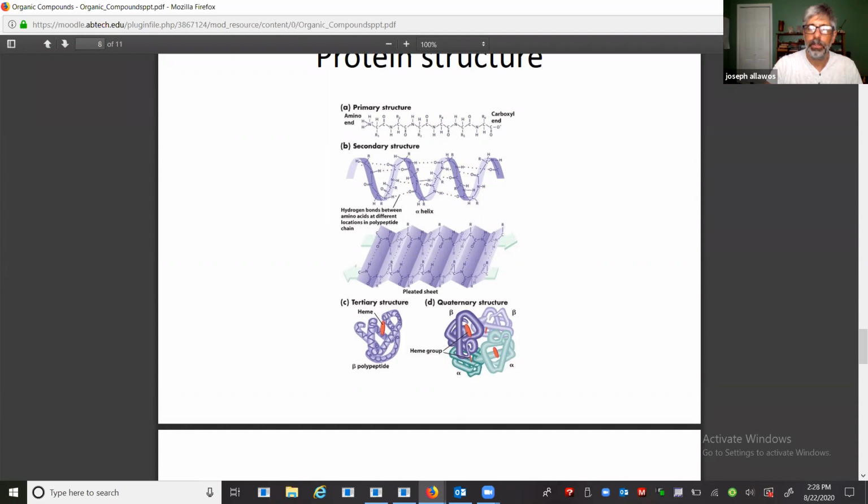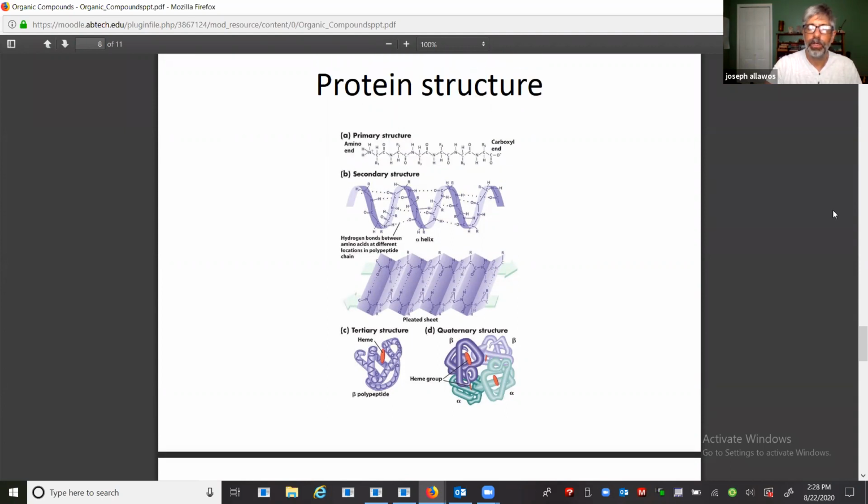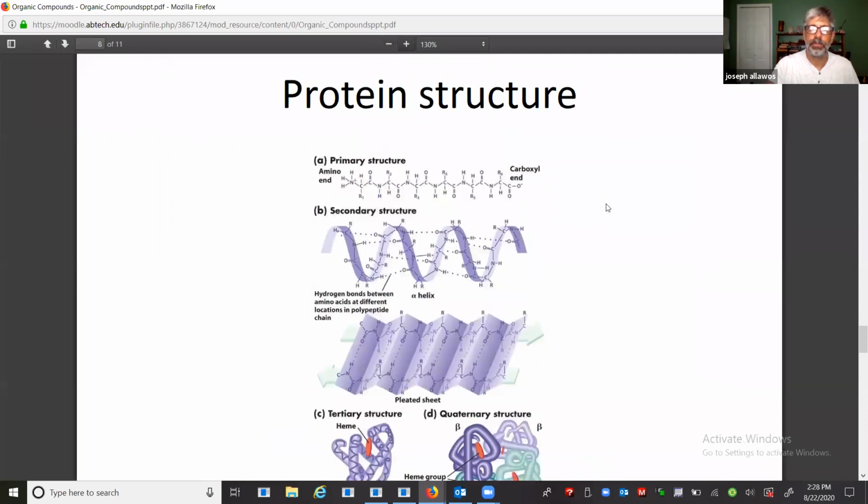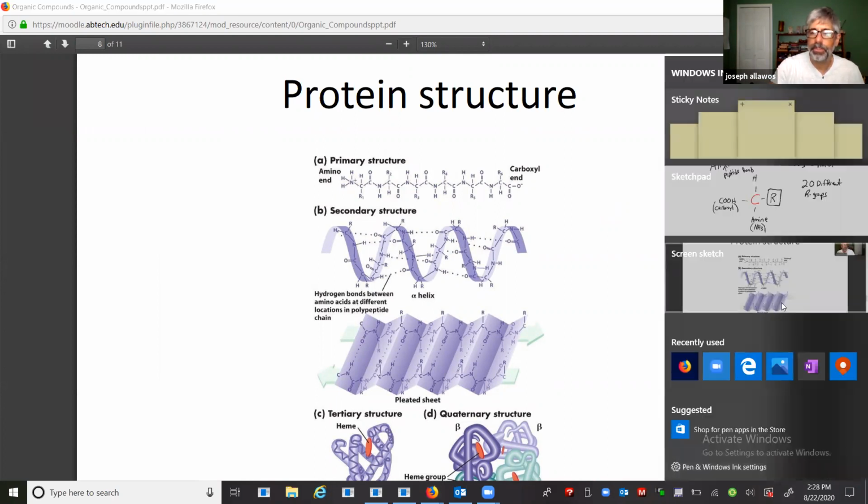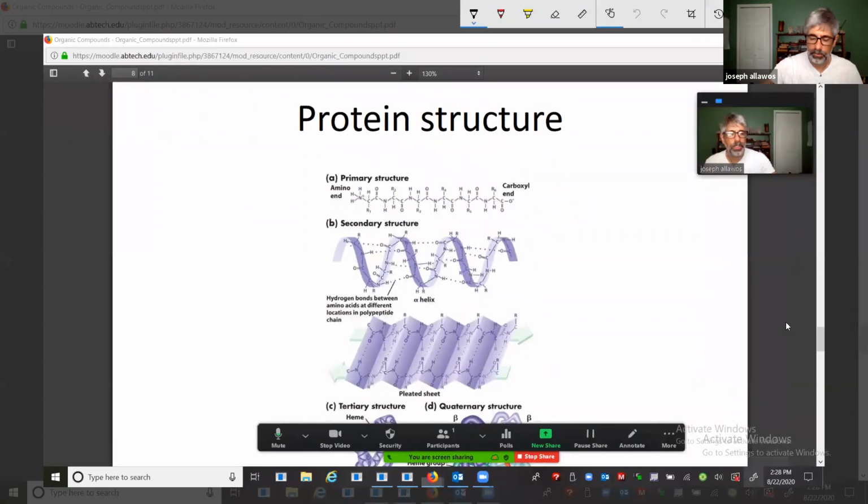Now, here's the thing. Primary structure of a protein is the sequence of amino acids. Now, if there's 20 different amino acids, and you're sticking 1,000 of them together in a line, what are the chances that any two proteins are the same?